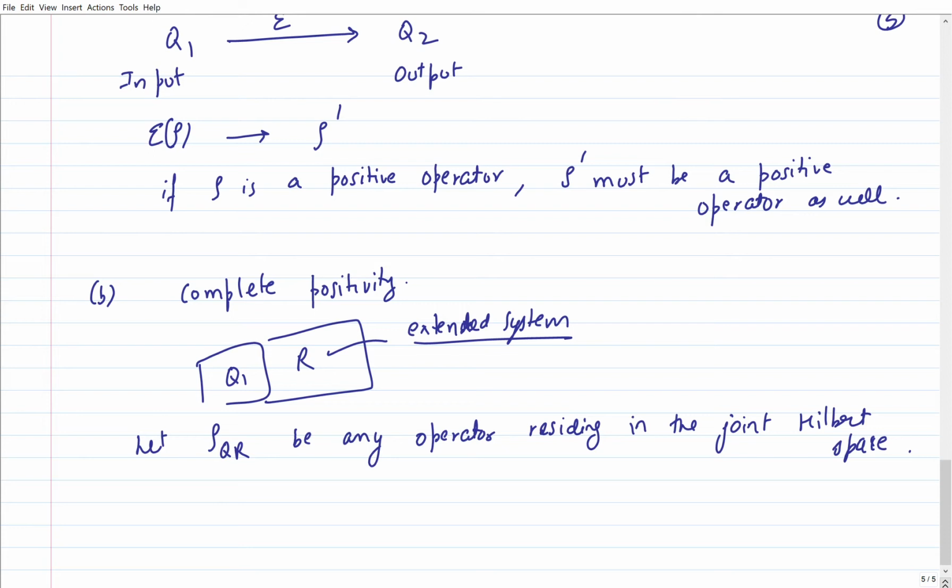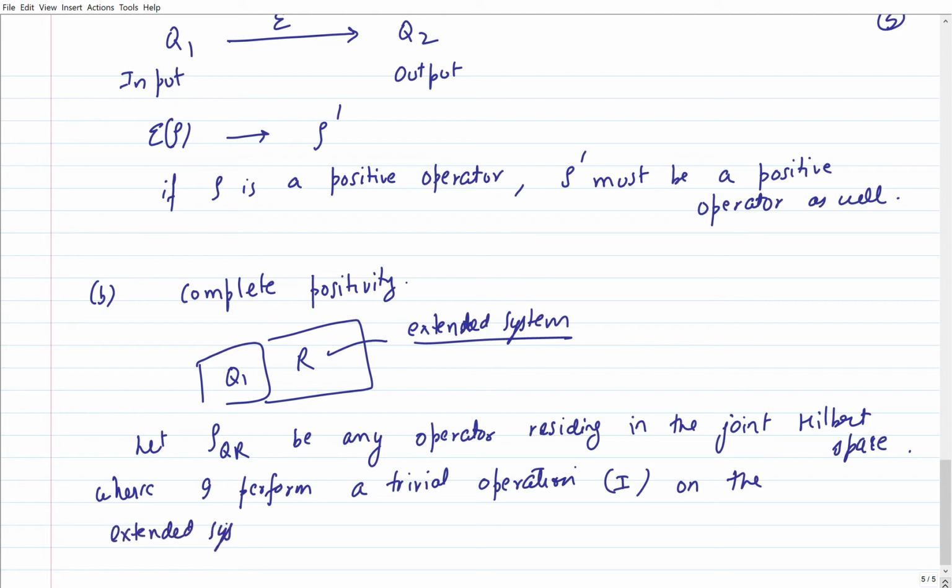And I perform a trivial operation, the identity, on the extension R, the extended system, and the quantum operation, same operation which I had earlier, on the system.